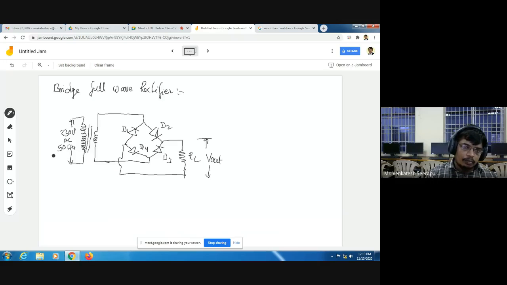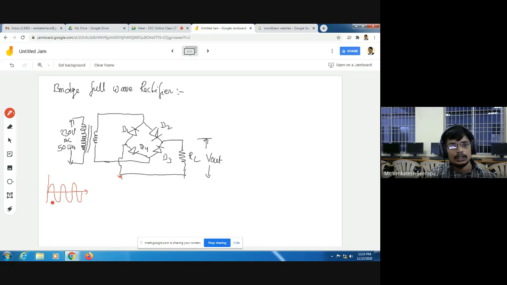Now here we are applying an AC signal. All of you know that an AC signal consists of both a positive half cycle as well as a negative half cycle. Here we will connect a ground.